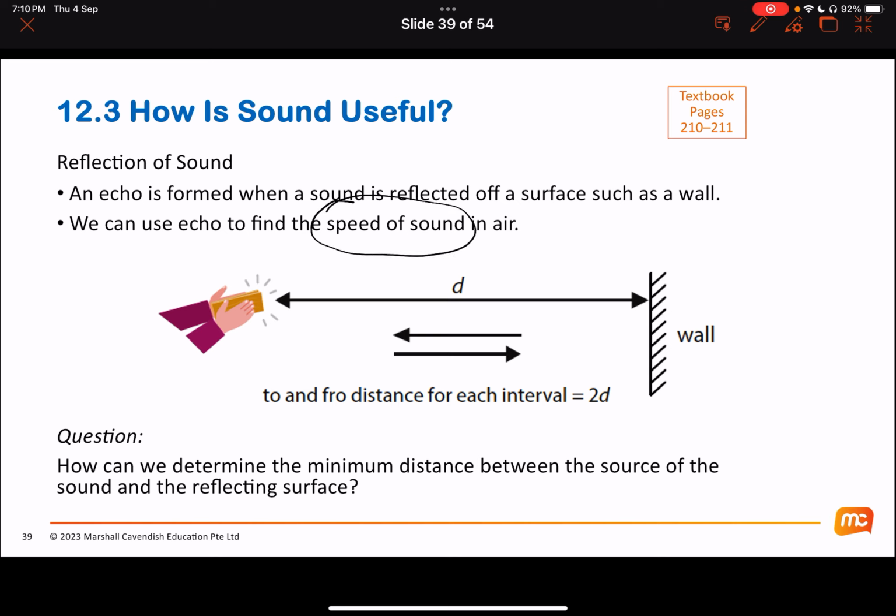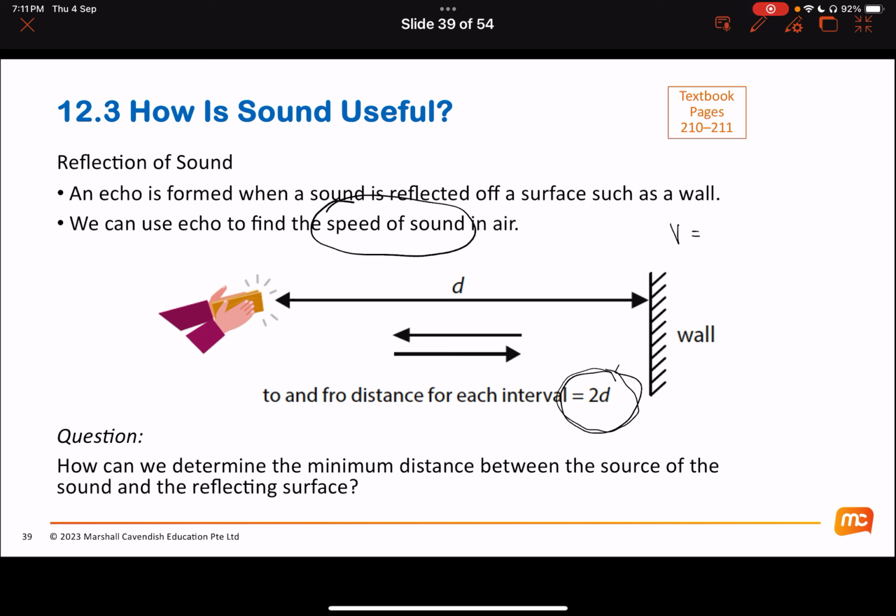So in an echo, whereby sound travels and comes back, the distance that it will travel will be 2d, if d is the gap between your source and the reflecting surface. Let's use the letter v to represent the speed of sound. How can we measure that with this 2d?